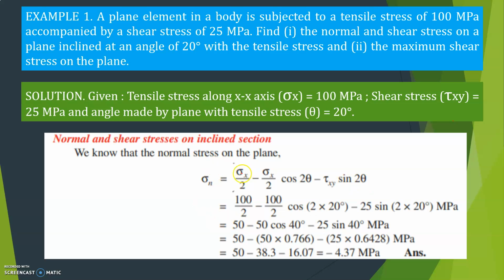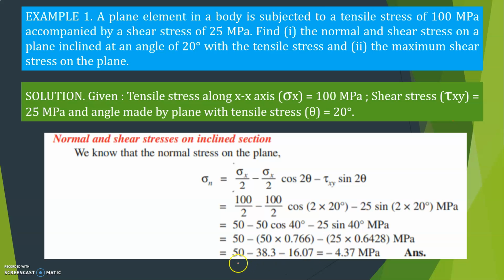Substitute: sigma x is 100, so 100 divided by 2 minus 100 divided by 2 into cos of 2 into 20 degrees, minus tau xy, which is 25 MPa, into sine of 2 into 20 degrees.